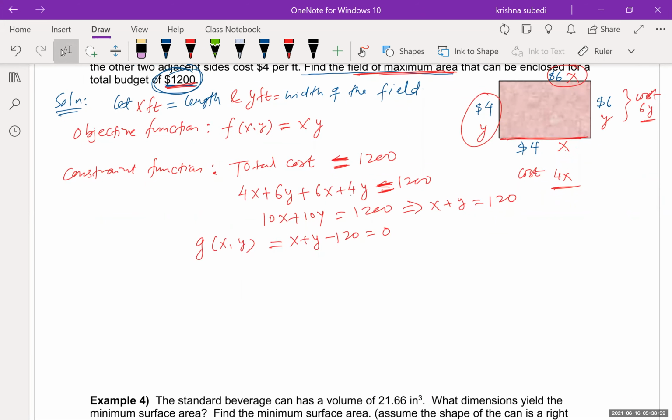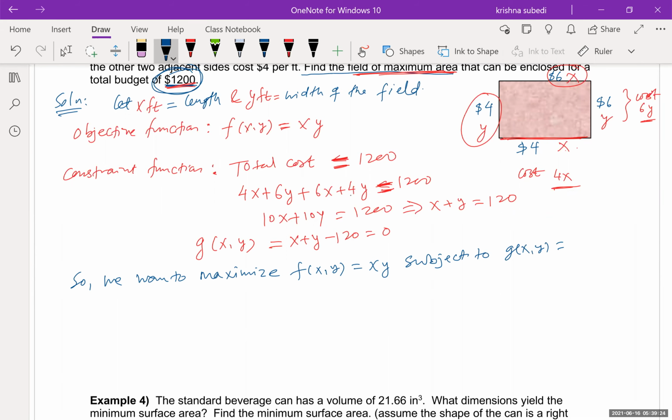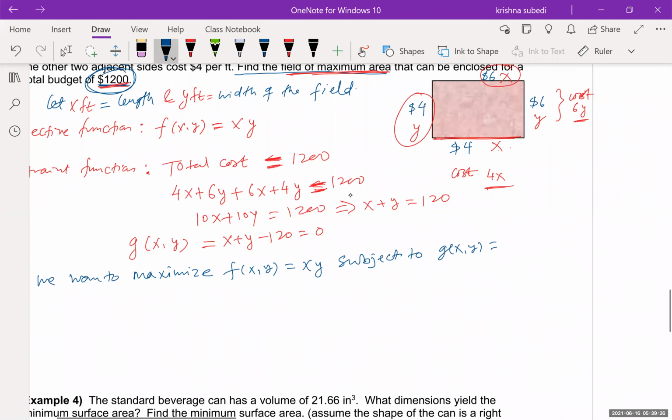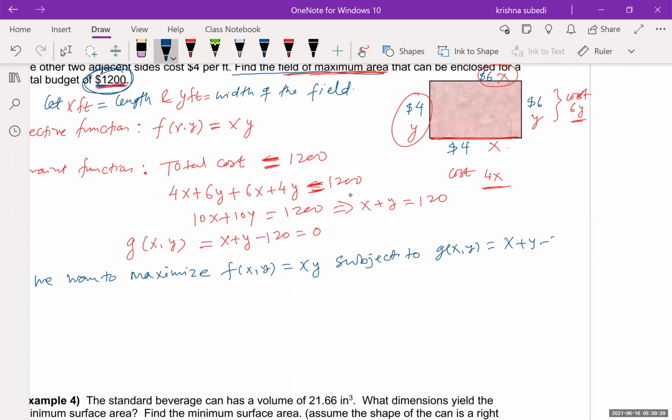Now you know how to do it. So we want to maximize this subject to the constraint x plus y minus 120 equals 0. So we have the function, we have this one.